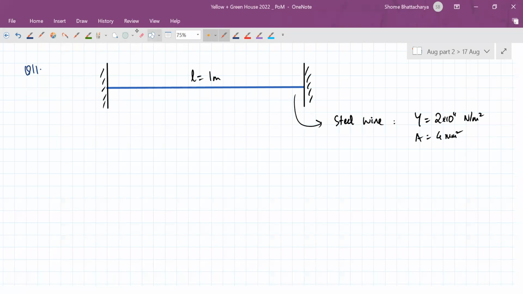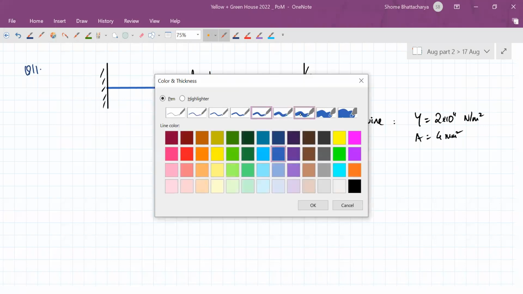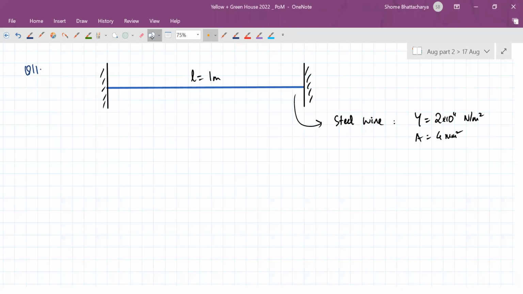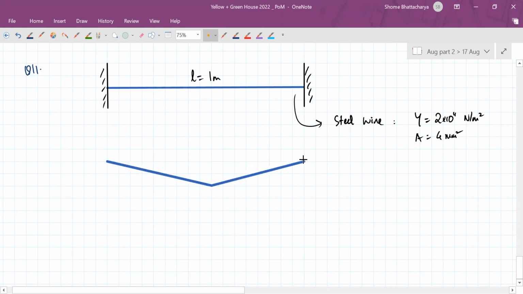Now, next what we are doing is we are going to attach a load to the midpoint. We are going to suspend the load from the midpoint. As a result of that suspension, let's say the shape will become like this. It might not get so much influenced by it, but I'm just making an exaggerated diagram.